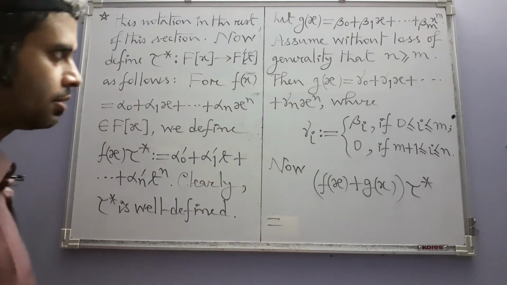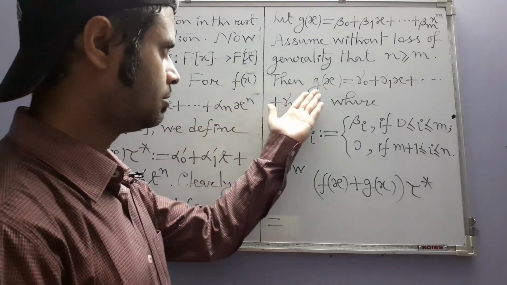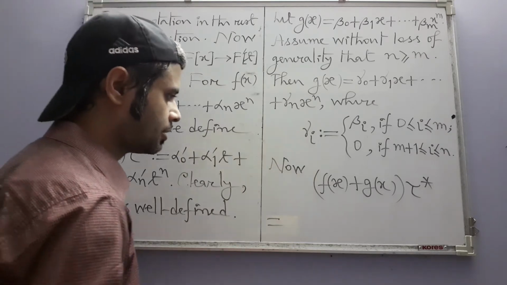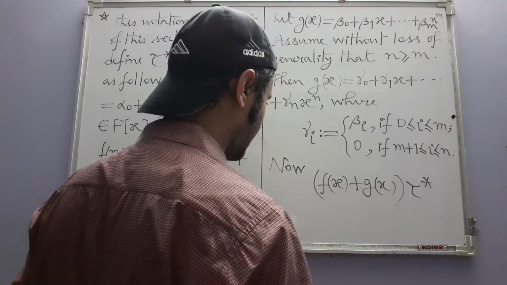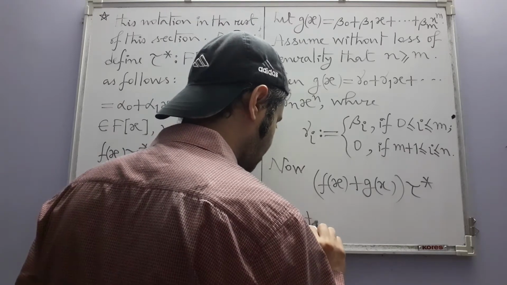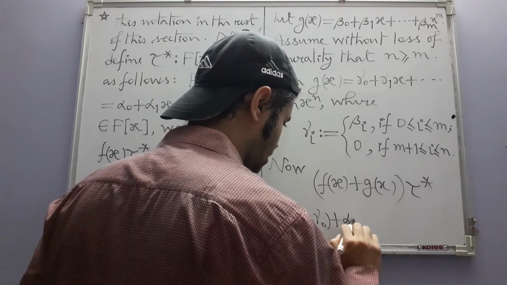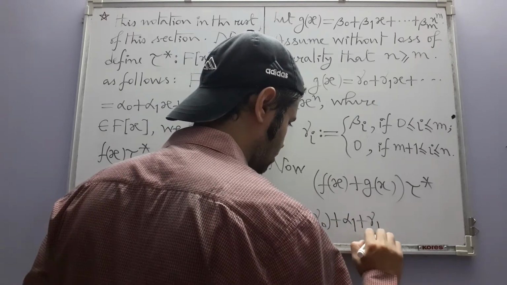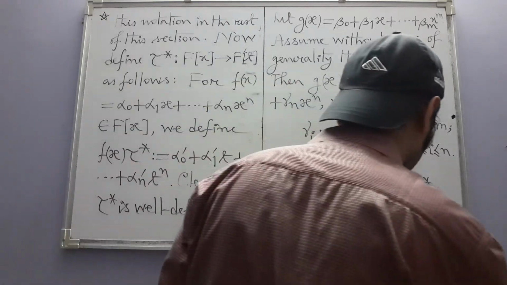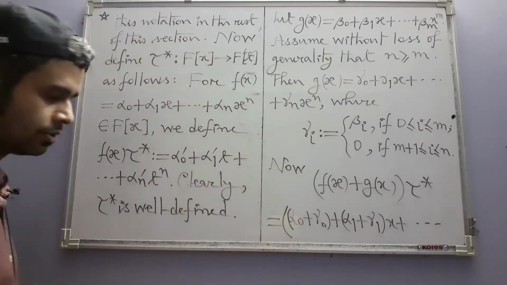Now, because f(x) is already a polynomial looking like this, and g(x) now also looks like f(x) in this new representation, it becomes easy to add them up. Doing so, we get alpha naught plus gamma naught plus alpha 1 plus gamma 1 x plus, without cluttering the space, let's continue from here.